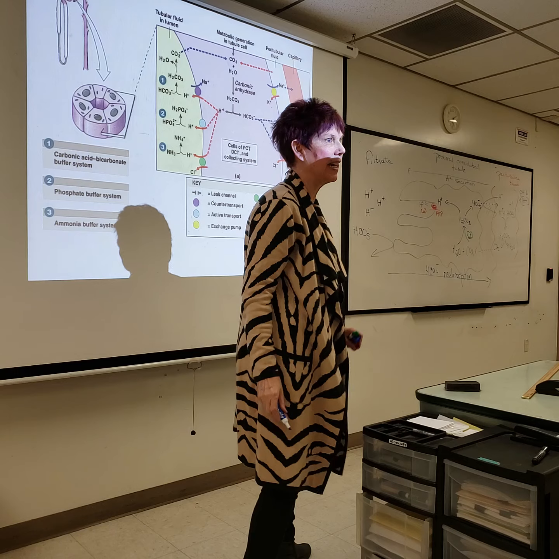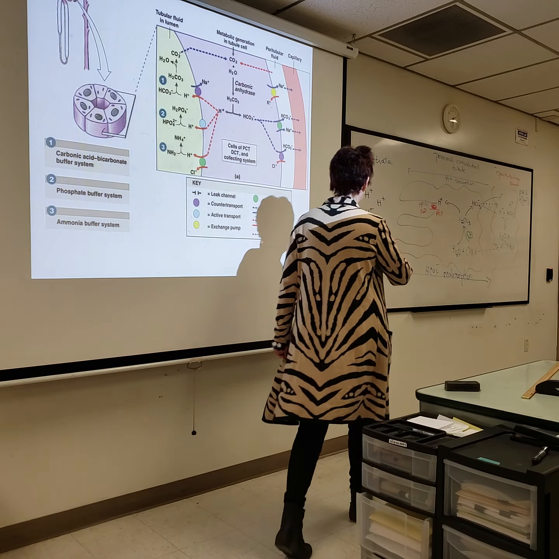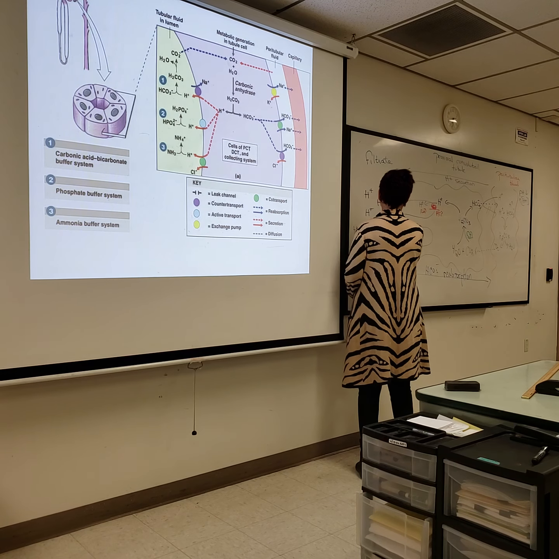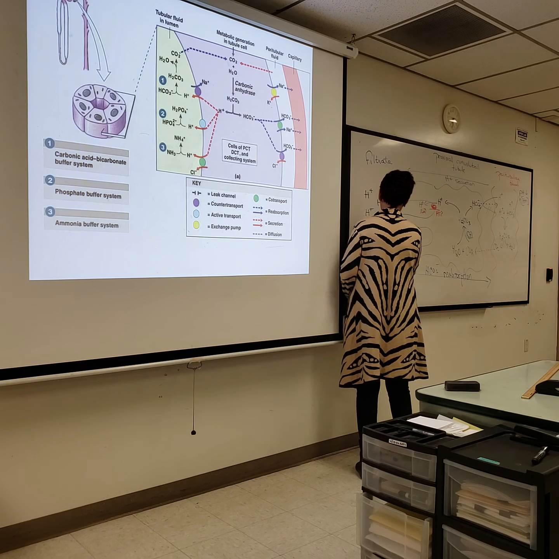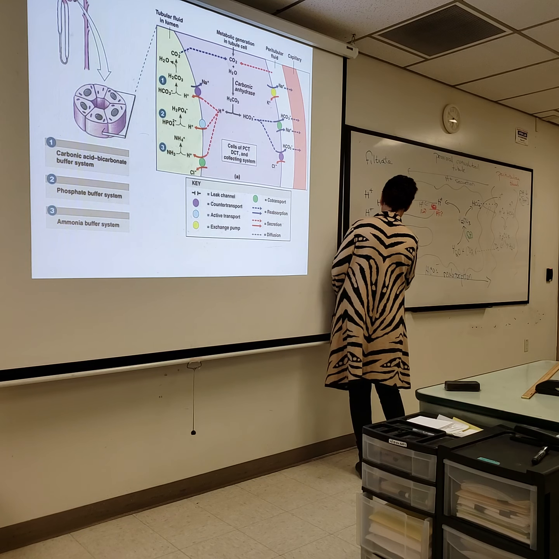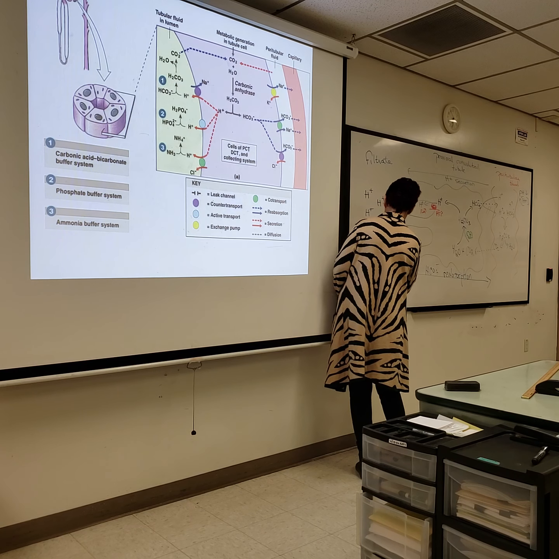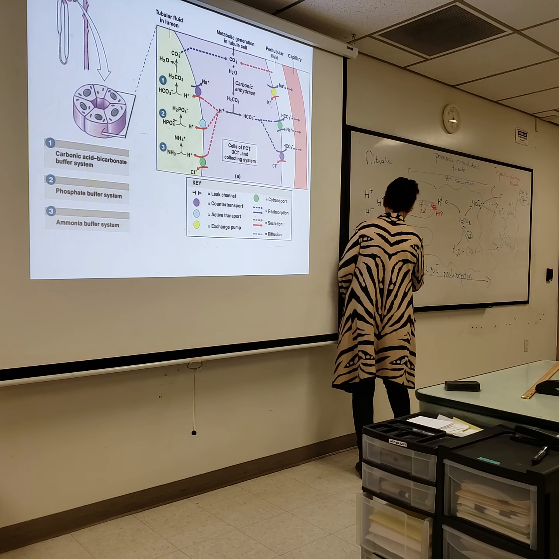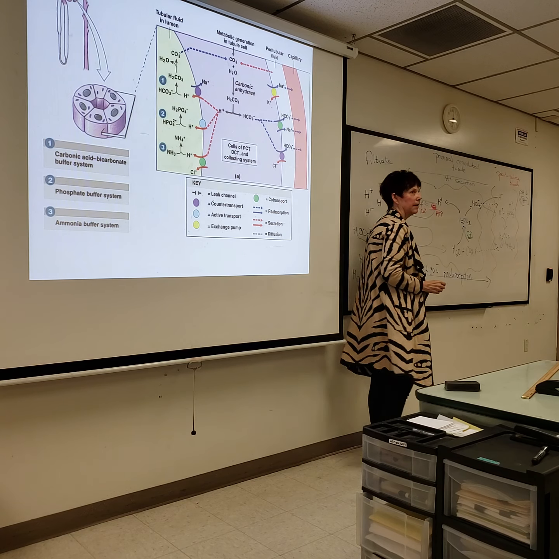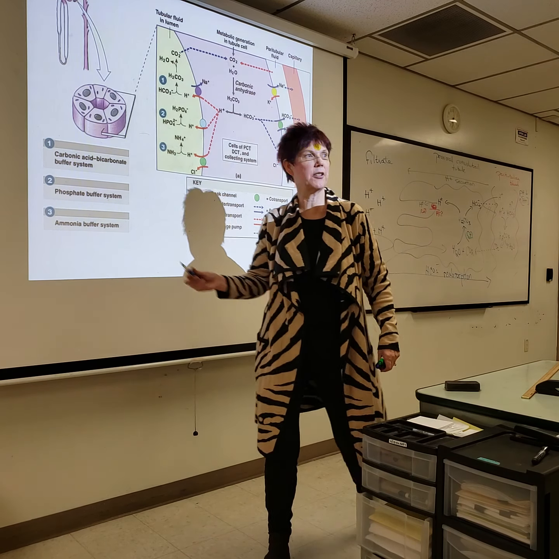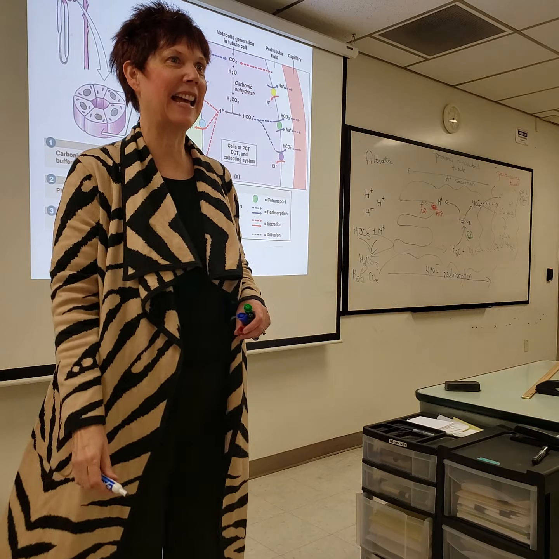Well, we do the same thing we did in the blood. We take a bicarbonate ion plus a hydrogen ion, and we turn that into carbonic acid, into water and carbon dioxide, and we send that back into the simple cuboidal cell. Use the carbonic anhydrase again.